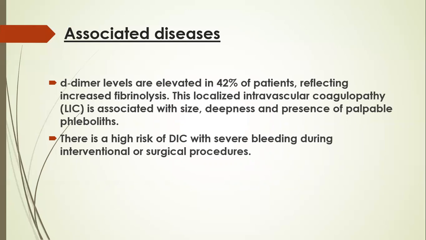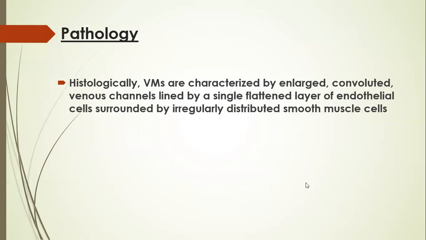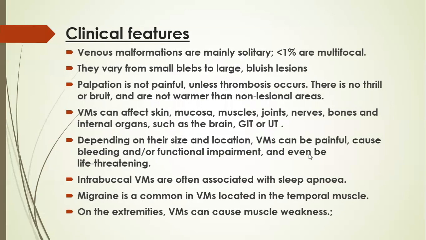There is an increased risk of DIC as well, with severe bleeding during interventional or surgical procedures. Pathology. The vascular malformations are characterized by enlarged convoluted venous channels, which are lined by a single layer of flattened endothelial cells surrounded by irregularly distributed smooth muscle cells.